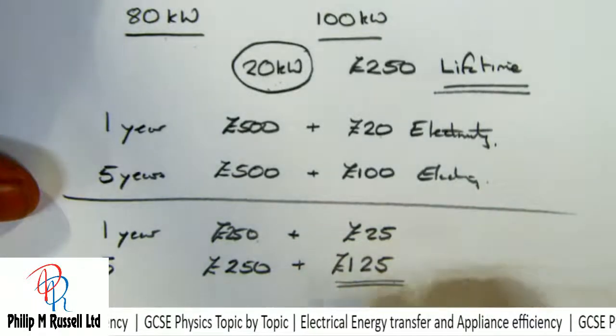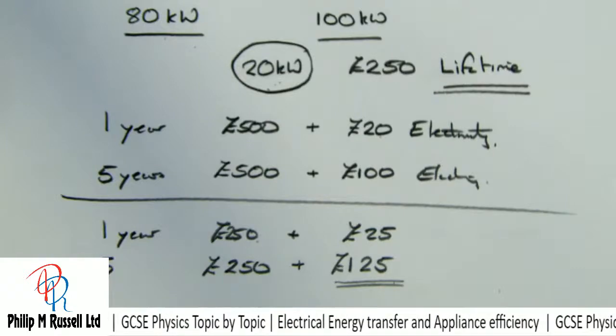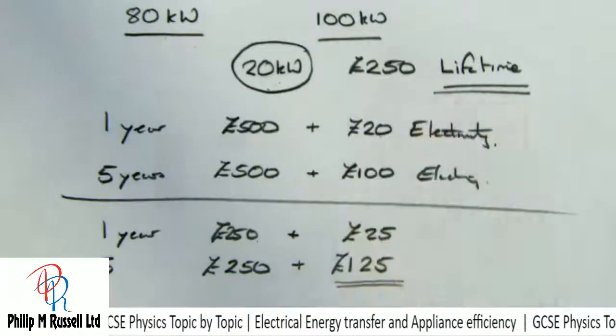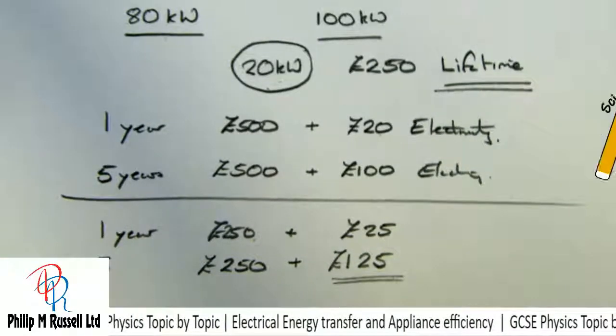So devices aren't always the cheapest, even if they're the most efficient. Something we do have to think about. But we also do have to think about costs of running things.